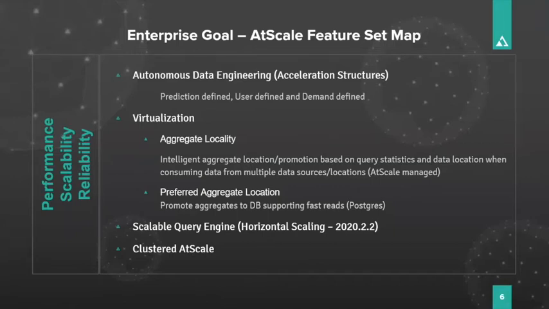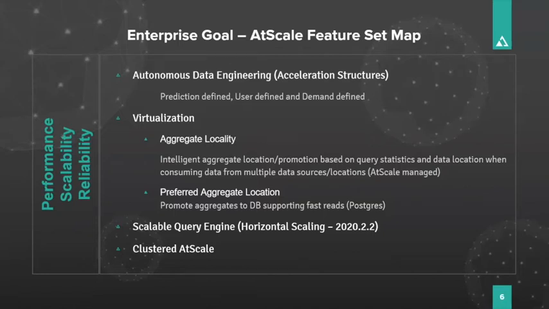That decision making is driven by the AtScale AI and ML engine. So you are inherently going to benefit and get the performance regardless of the approach you take in your data layer.